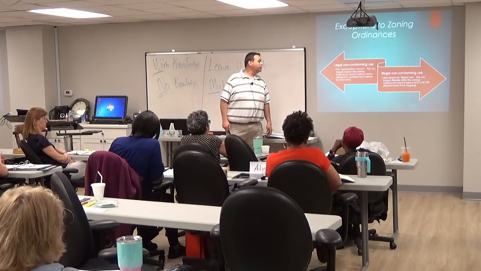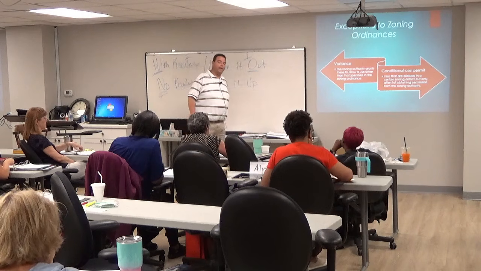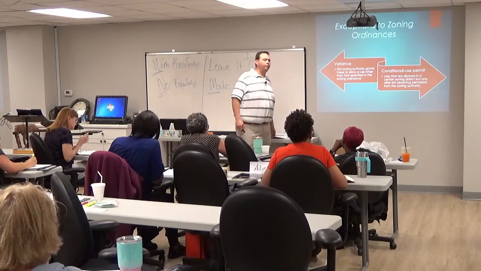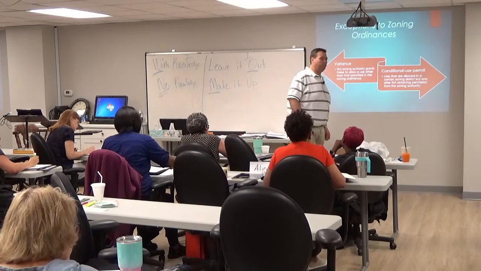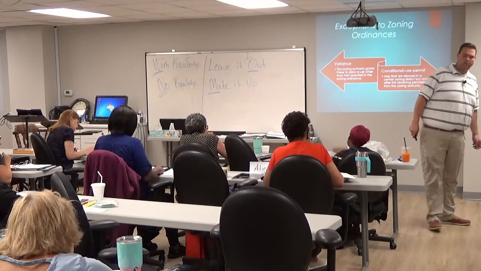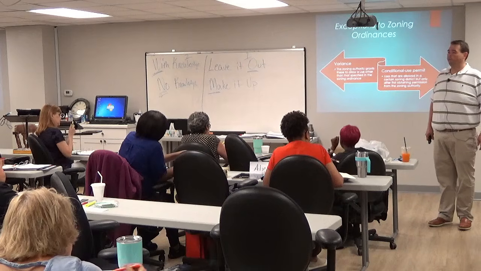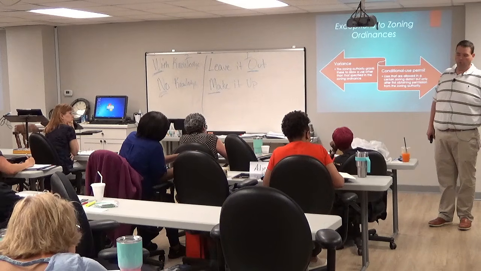All right, good. A variance. Now this is the one that you will be asked about on a test, and you will probably struggle with it because you want to think that people are nice in the world, but they're not. A variance is asking for permission to break the rules.